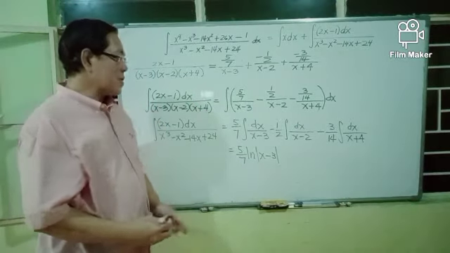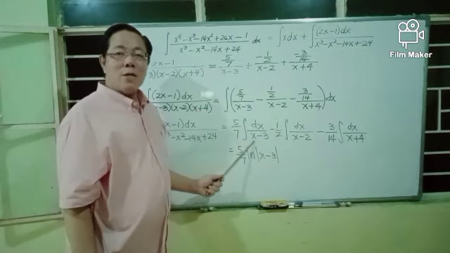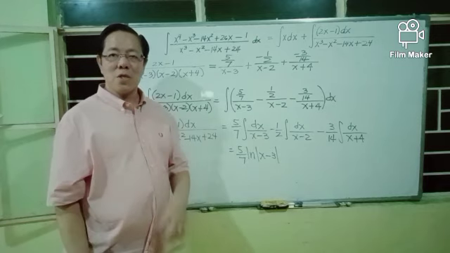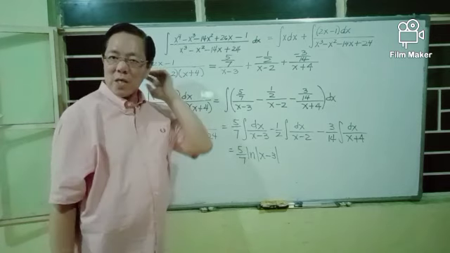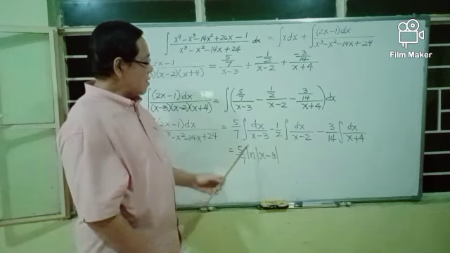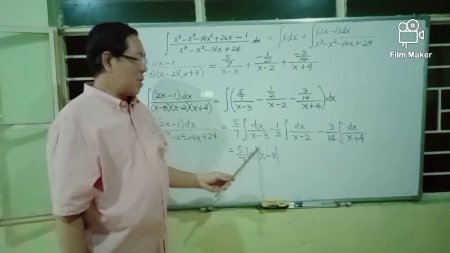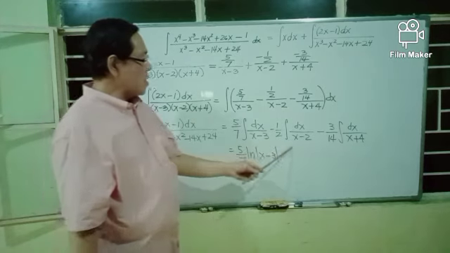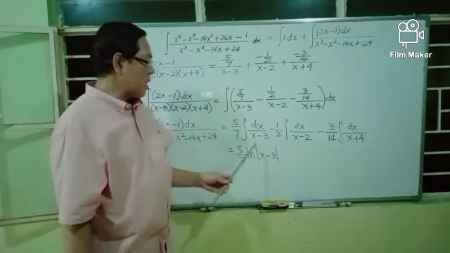If the coefficient of x here is not 1, you have to make use of the substitution by letting u equal this linear factor with the coefficient of x not equal to 1. But in each of these integrals, the coefficient of x is 1.